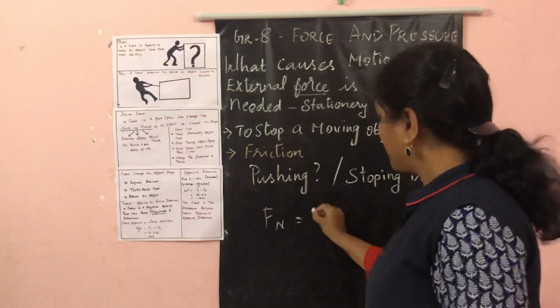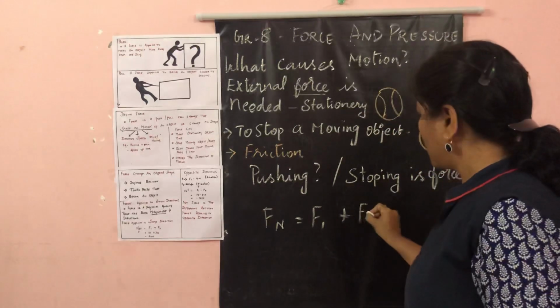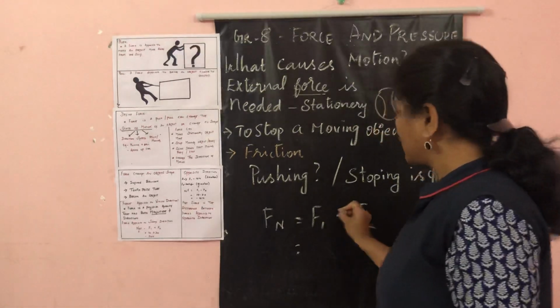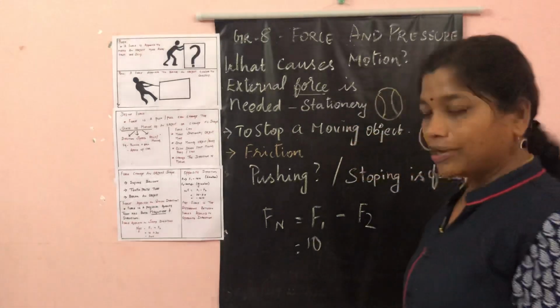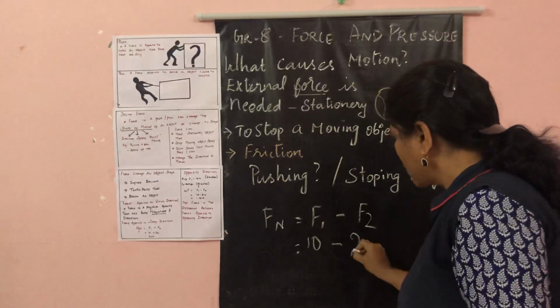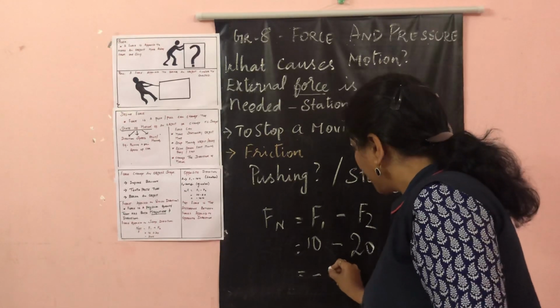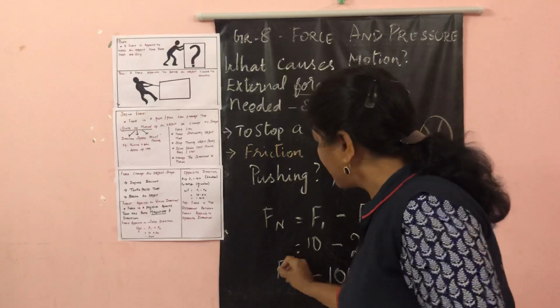I am F1 and he is F2. He is opposite to me. I am giving a force of 10 Newton. He is giving a force of 20 Newton. What happens? We get 10 Newton. This is the net force.